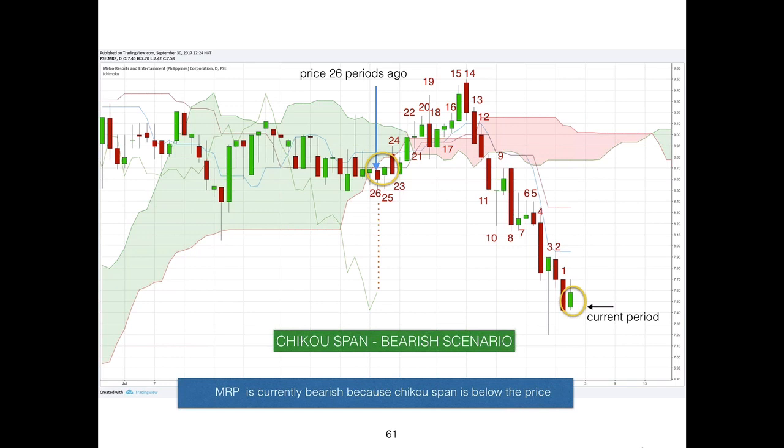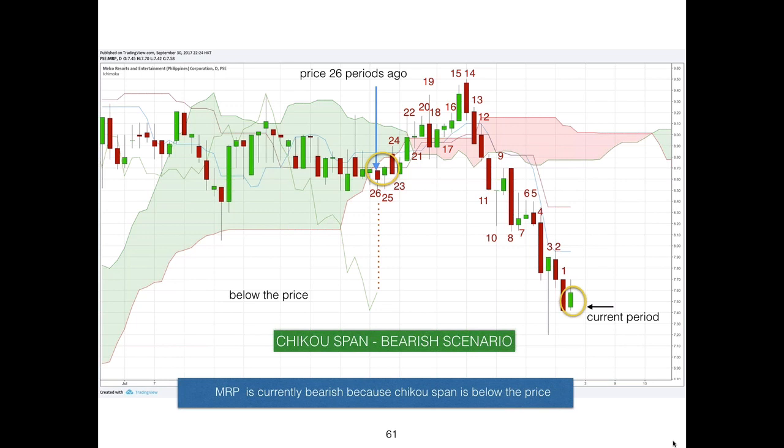So where is the Chikou Span? Is it above or below the price? It's below the price. So simply, if the Chikou Span is below the price, then that would indicate that there is potential for more bearish action to come because price tends to follow trends. So MRP is currently bearish because the Chikou Span is below the price.